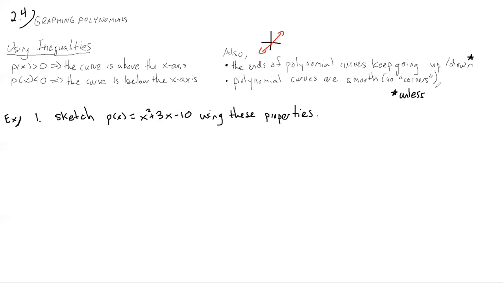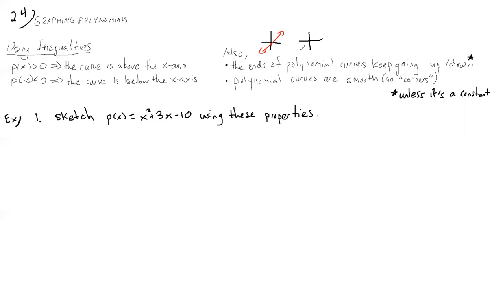The constant is actually still technically a polynomial, but a constant would just have a flat horizontal graph, and that obviously wouldn't keep going up or down. But any polynomial that actually has some x's in it will just keep going up or down.